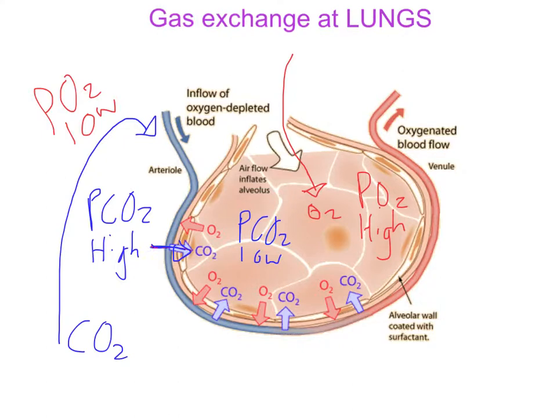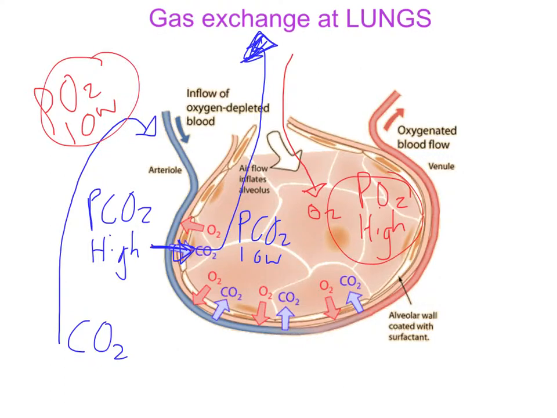Now remember, we're doing that with the purpose of then breathing it out. We get it into the lungs in order to breathe it out and get rid of it. At the same time, remember that the pressure of oxygen in the blood coming past in the capillaries is low, and the pressure of oxygen in the lungs, in the alveoli, is high.